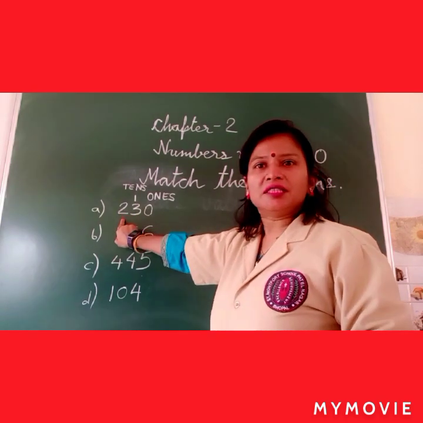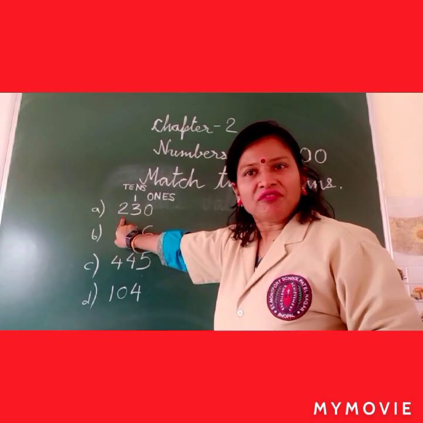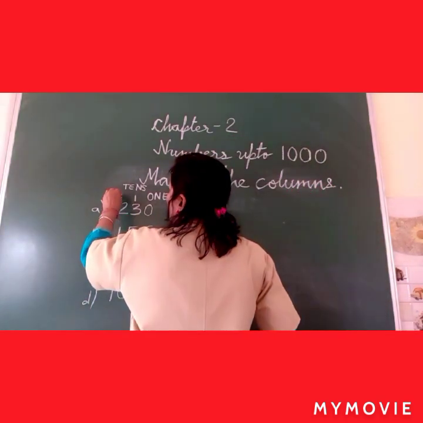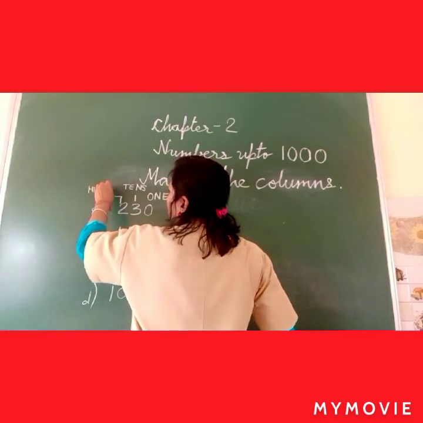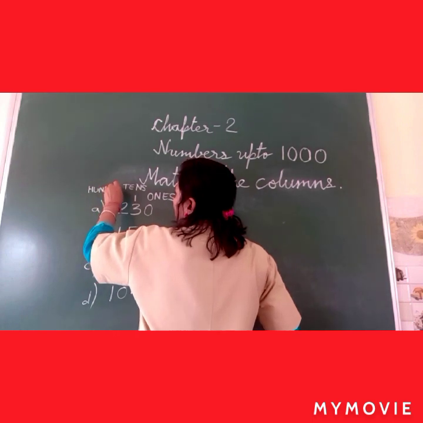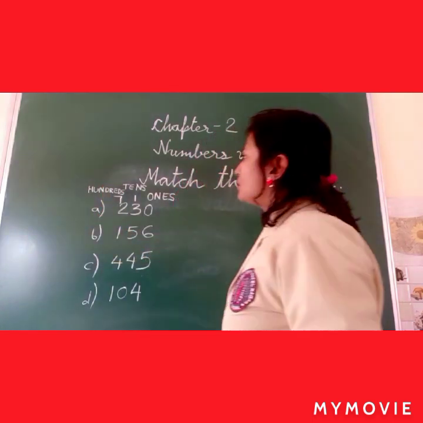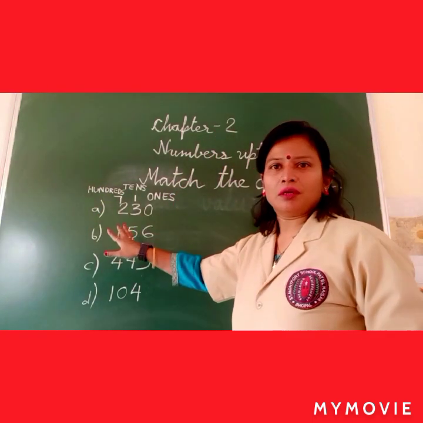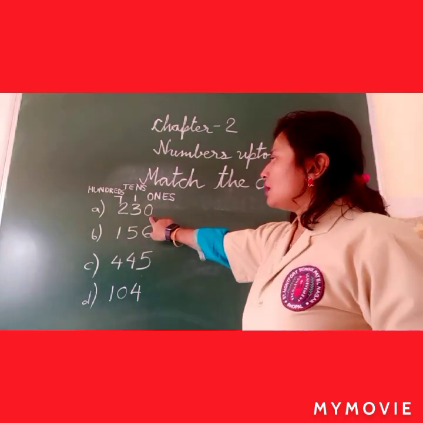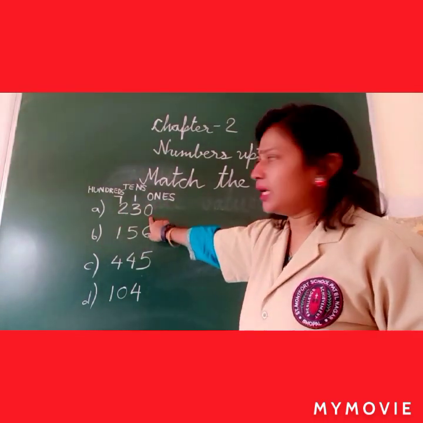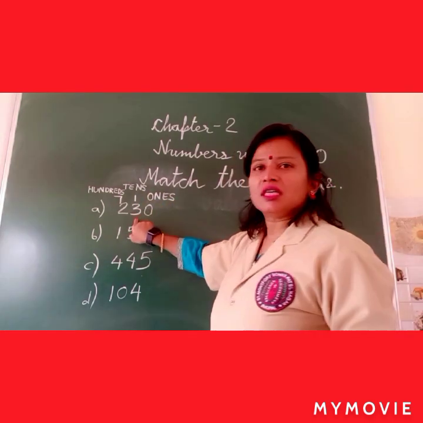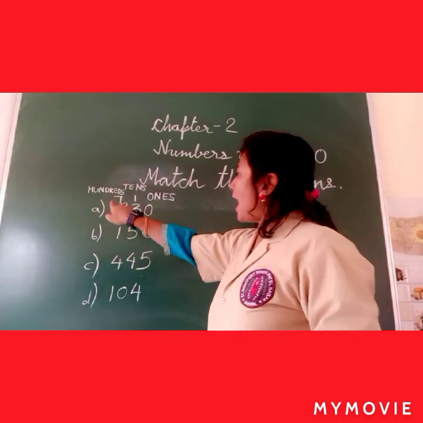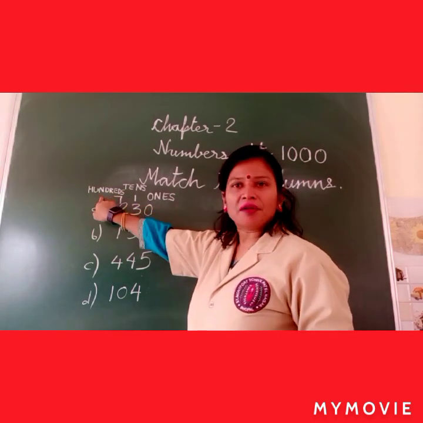And then the digit after tens will be in hundreds position. You can see in 230, 0 is in ones position, 3 is in tens position and 2 is in hundreds position.